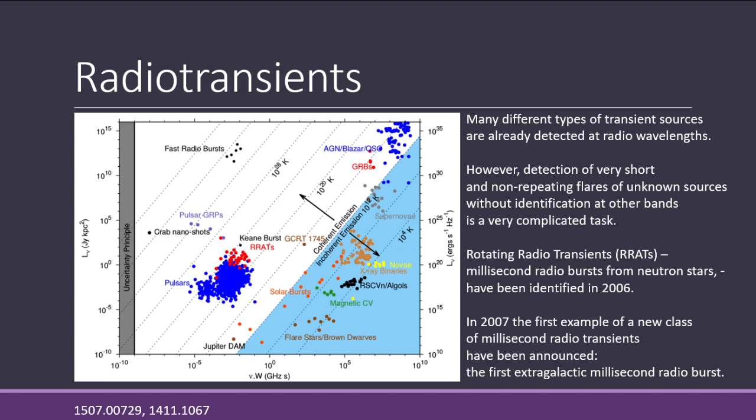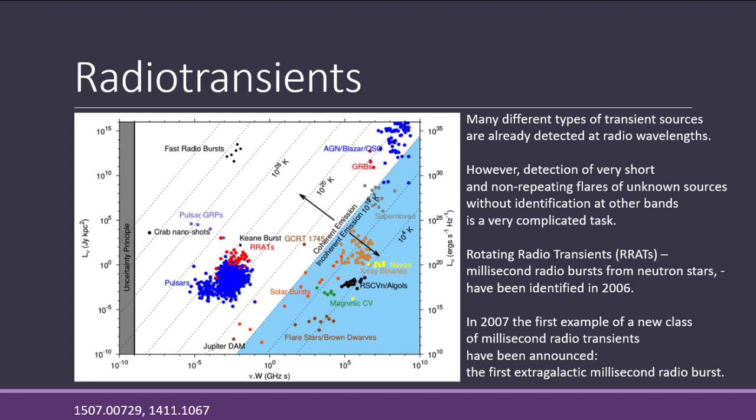So there are different types. We can see radio pulsars here, gamma ray bursts, active galactic nuclei, and duration and luminosity of these transients are very different. However, it is very difficult to find a very short transient if it was not known before.